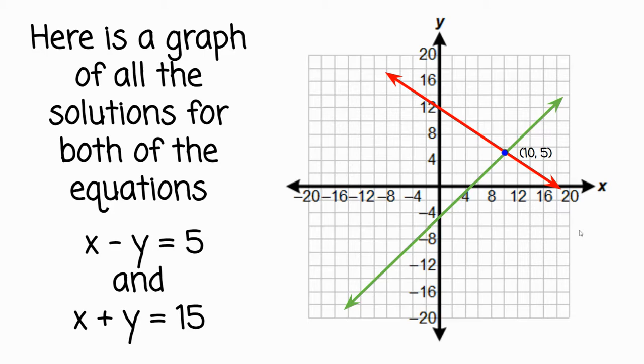It just means you have two lines now, and we want the ordered pair that's a solution for both of them. And every single time it's going to be where the lines are crossing each other, because that's the only point that they have in common. So if all the points on a line are solutions for that particular equation, well, then the point has to be common between both lines for it to be a solution for both of them at the same time.